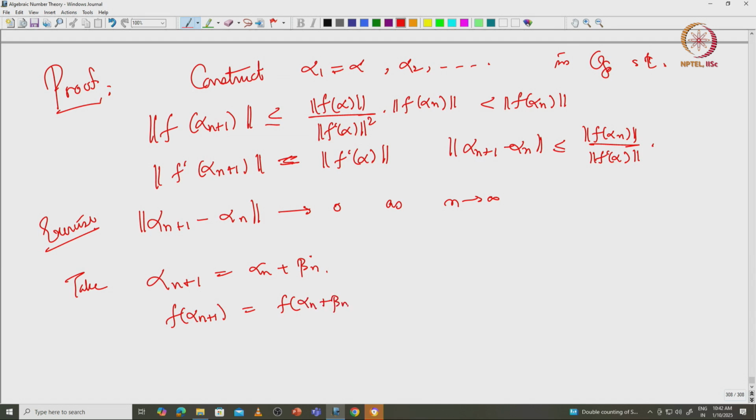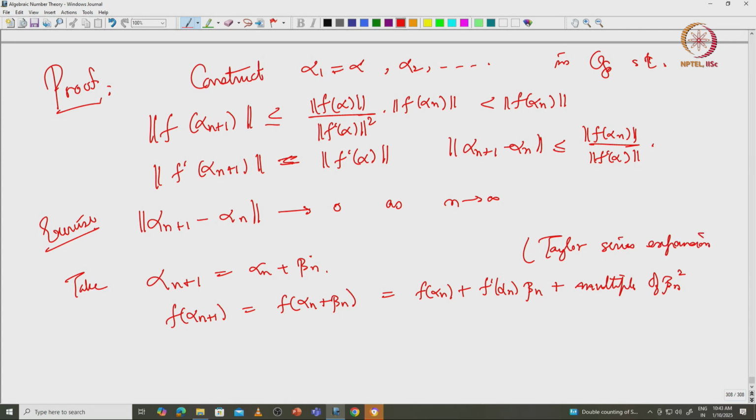I get f of alpha n plus f prime of alpha n times beta n plus a multiple of beta n squared. This is the Taylor series expansion, and this is only for polynomials.